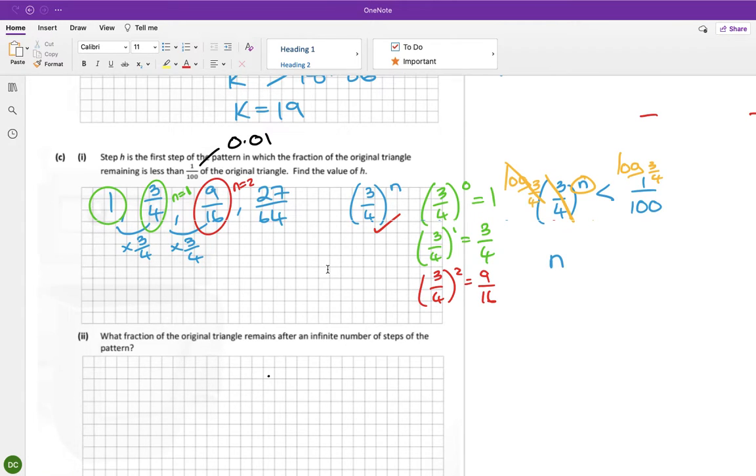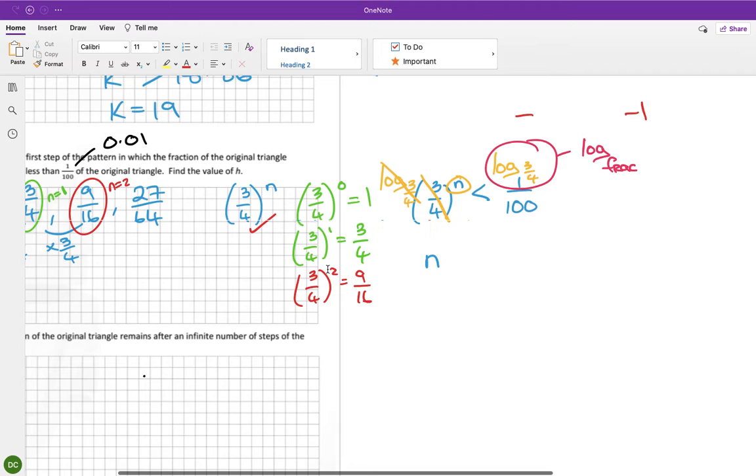Now, when you take the log of a fraction, that's the same as multiplying by a minus.